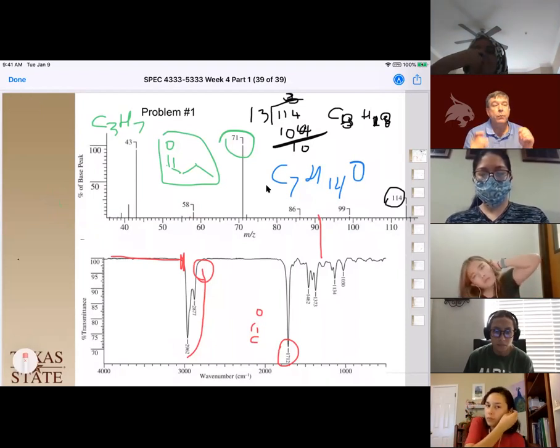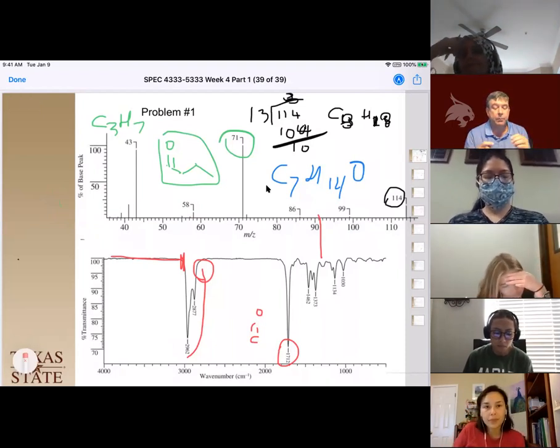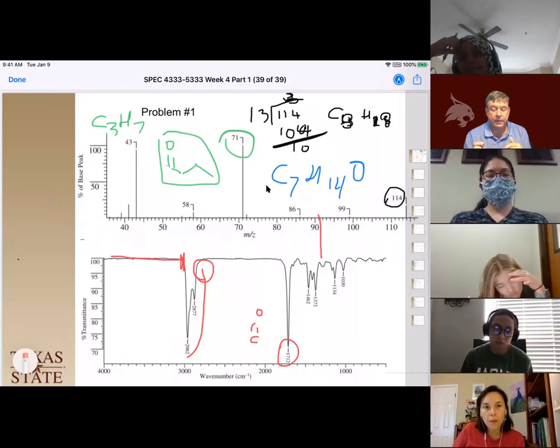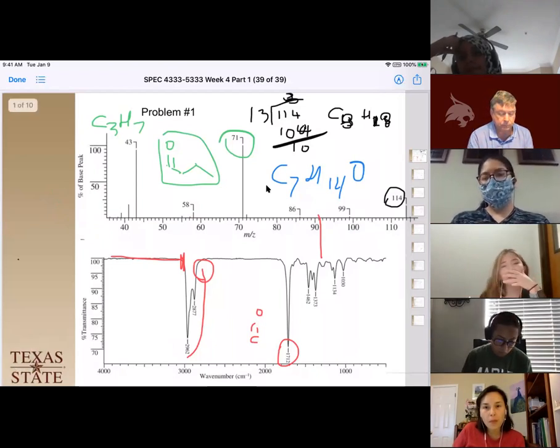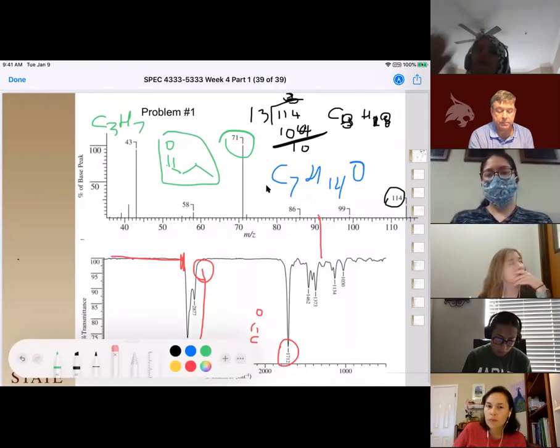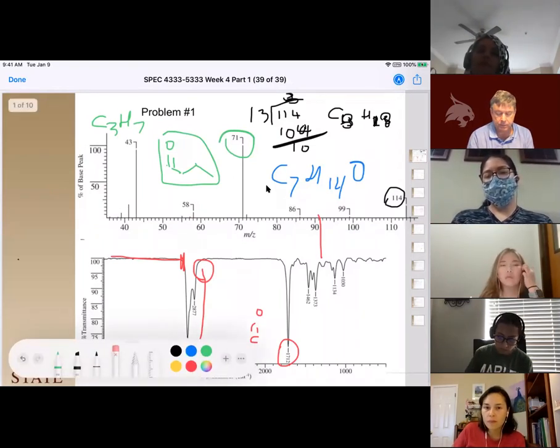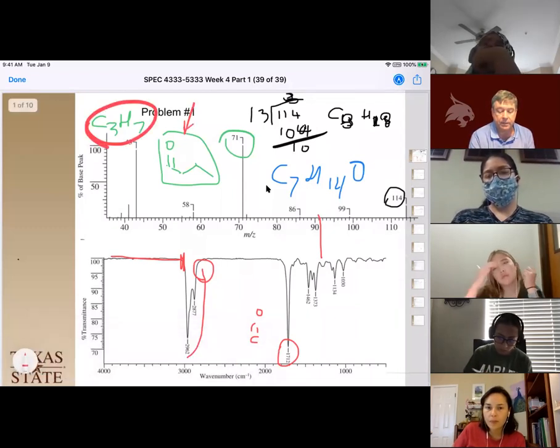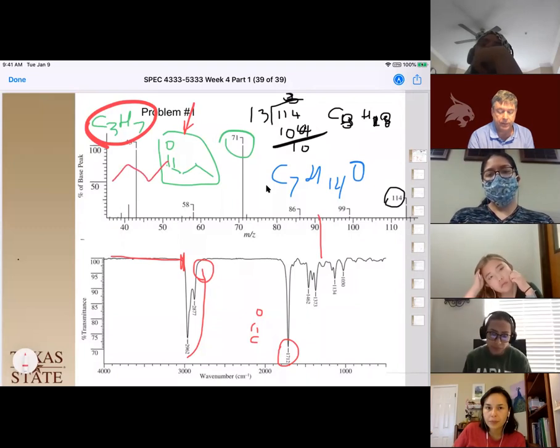So if we have those as our 2 major fragments and we put those together, what do we get? So our first proposed structure is by adding this fragment here to that fragment there.